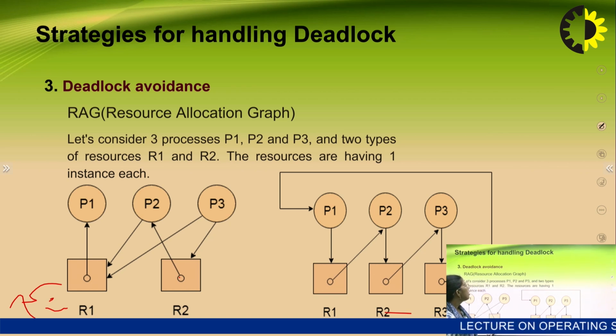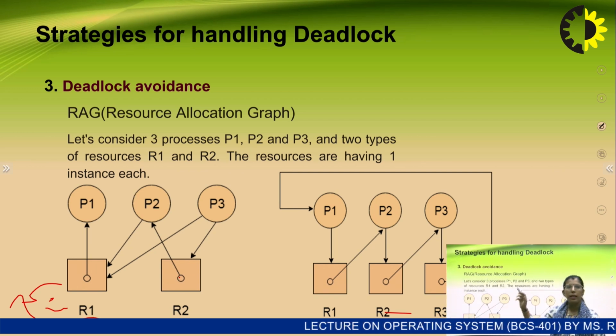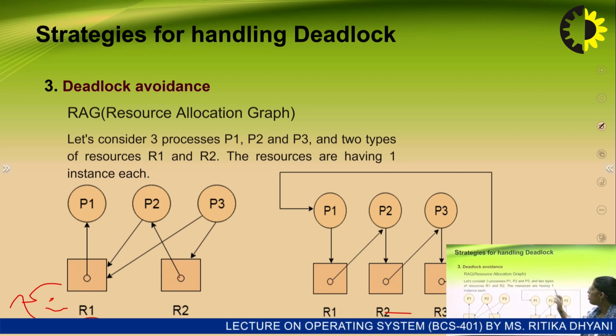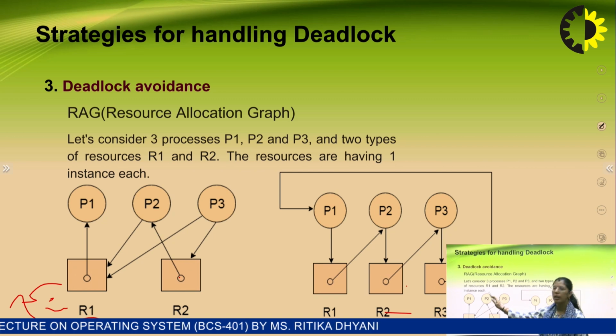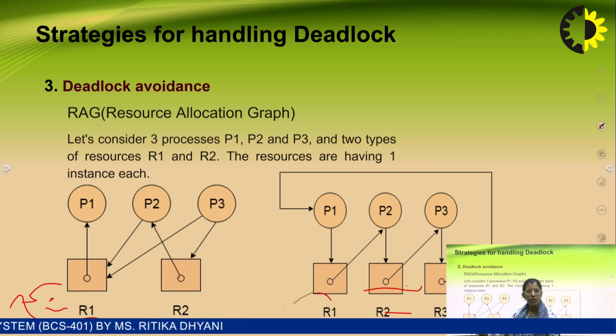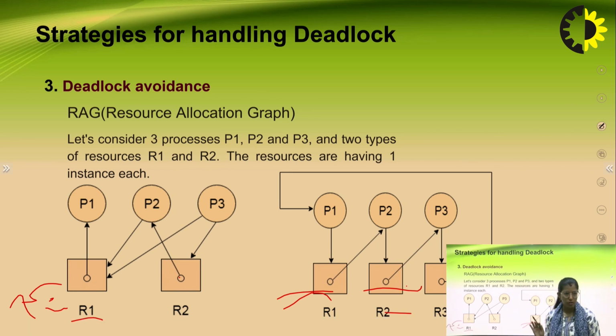So here let's consider three processes, P1, P2, P3, and two types of resources, R1 and R2. As we can see in this example, the resources have one instance each, because only one circle is drawn, which means this particular resource can be used by P1 only, or one process only.